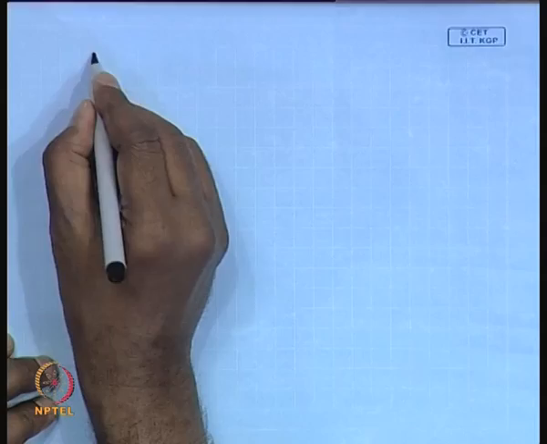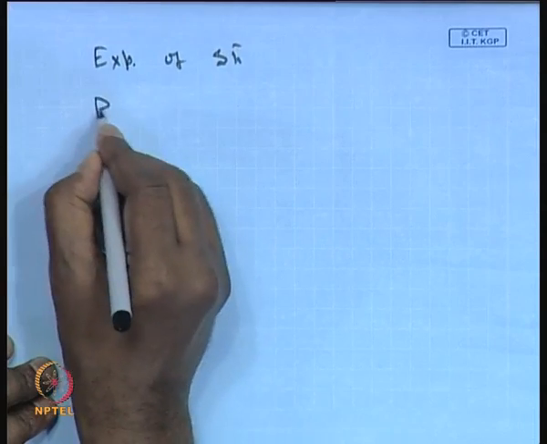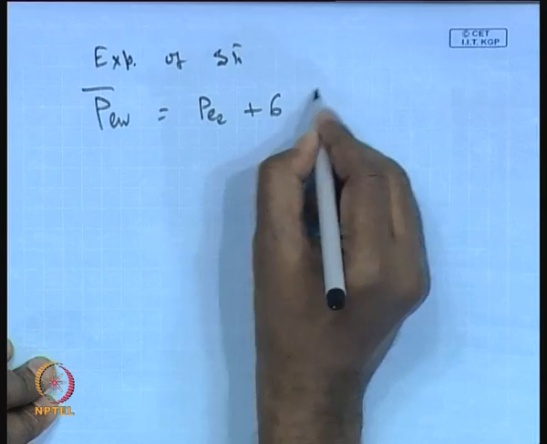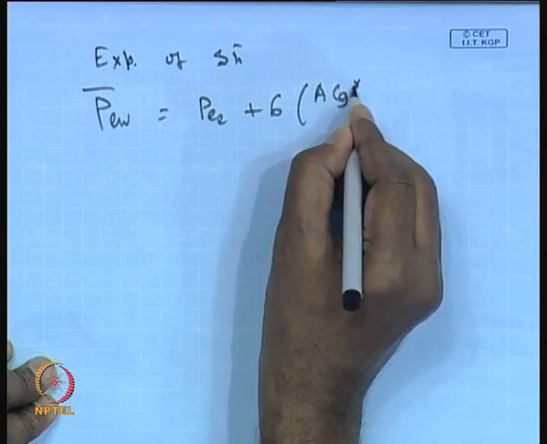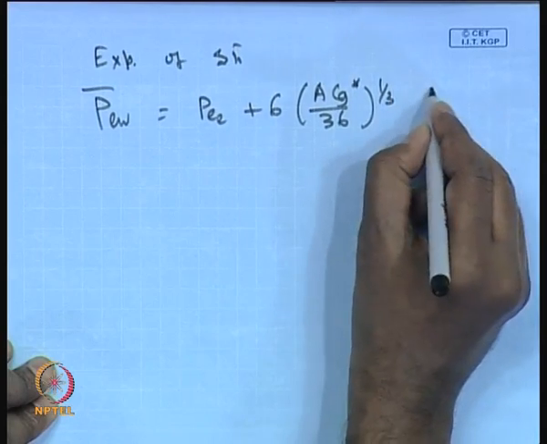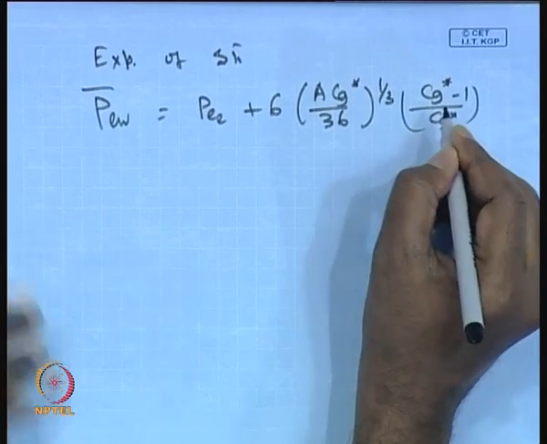So, now we put the value of expression of Sherwood number. This length average permeate flux becomes PE plus (6A Cg star divided by 36) raised to the power 1 upon 3 times (Cg star minus 1) divided by Cg star.